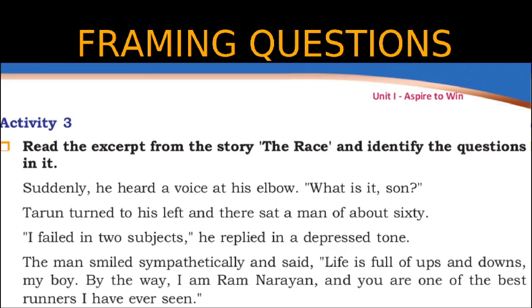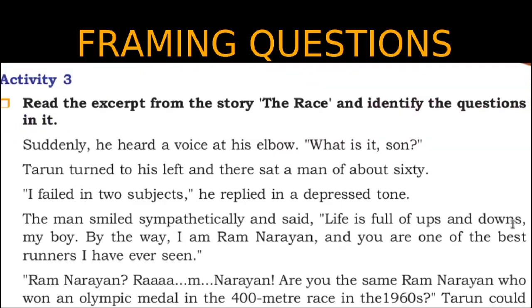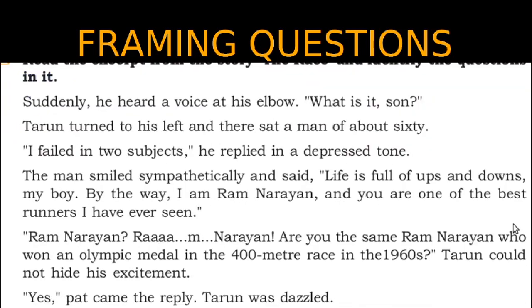Suddenly, he heard the voice at his elbow. What is it, son? Tarun turned to his left, and there sat a man about 60. I failed in 2 subjects, he replied in a depressed tone. The man smiled sympathetically and said, Life is full of ups and downs, my boy.